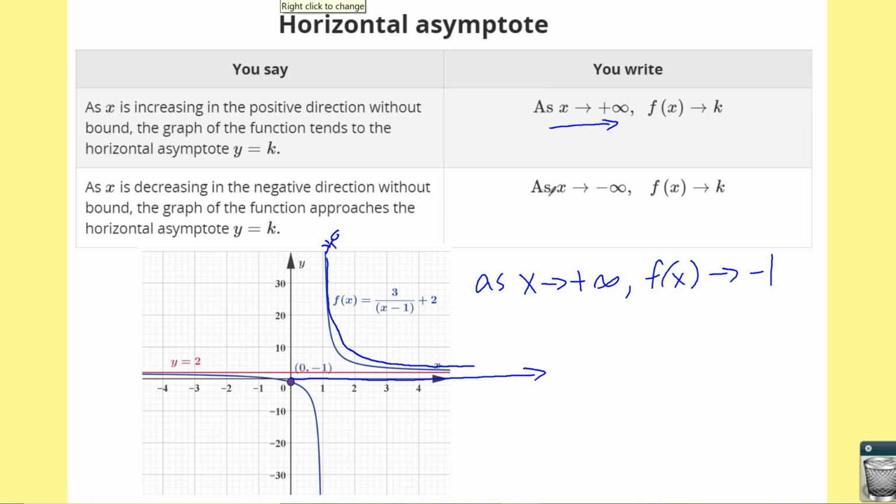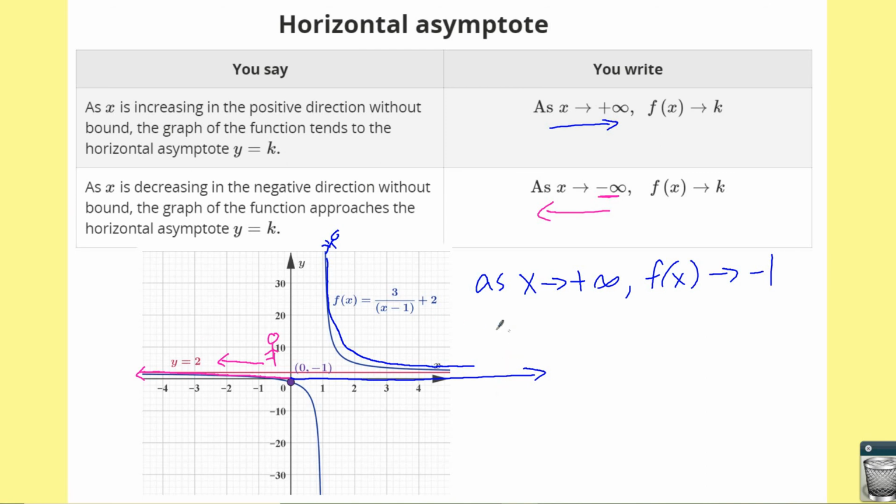So then for this one, as x is going towards negative infinity, well, negative infinity is to the left. So now it's telling me to go in reverse direction, towards the negative. So now my guy is going this way on my graph, and as my graph goes this way, my y is approaching -1.